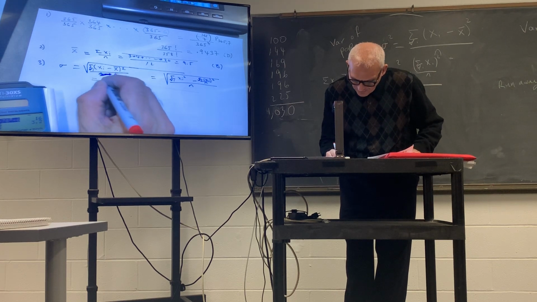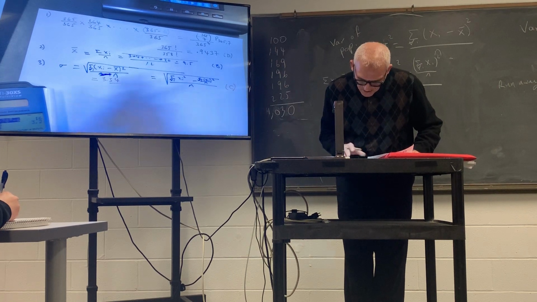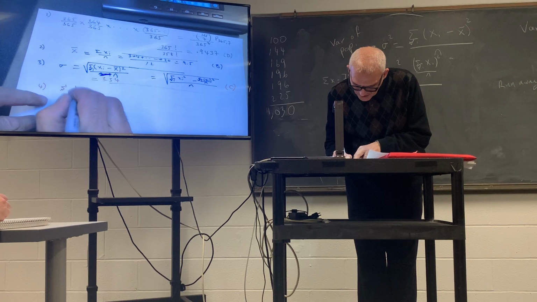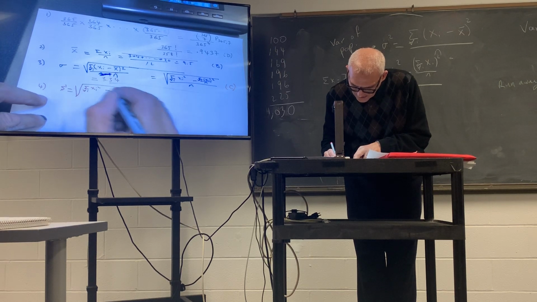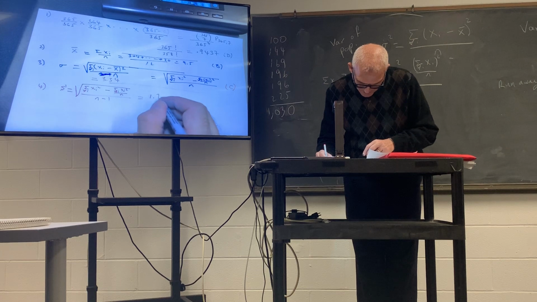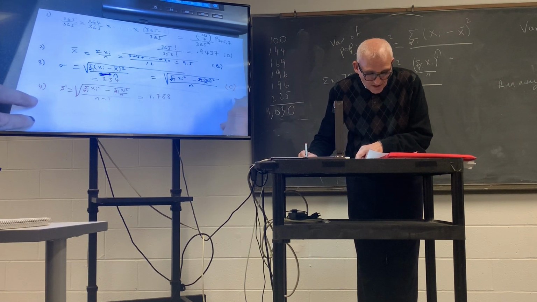So it's 3.34, which is roughly 3.3, part C. And then in 4, they ask you to find S, which is the square root of the summation of x of i squared minus the summation of x of i, quantity squared, over n minus 1, equals 1.788, which is roughly 1.8, and that's D.